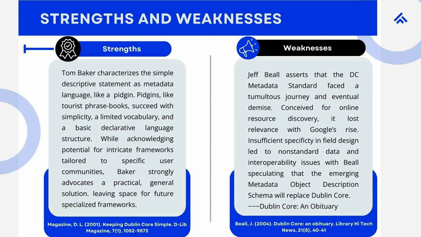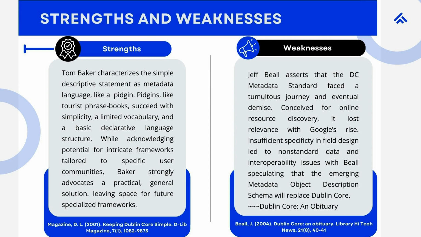As we reflect on the Dublin Core journey, Beal's insight prompts us to consider the evolving landscape of metadata standards in an ever-changing digital environment. Exploring the strengths and weaknesses of the Dublin Core, we see the contrasting perspectives offered by Tom Baker and Jeff Beal, reflecting the complex nature of metadata standards.